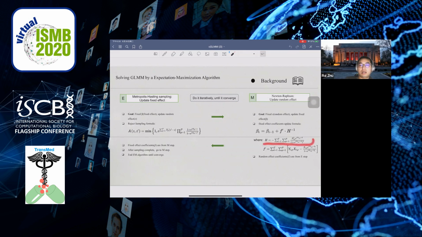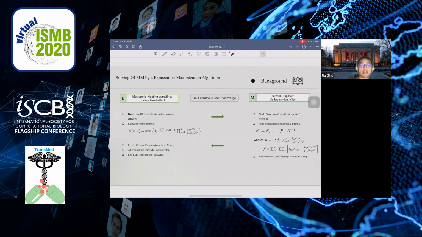Here, H is a Hessian matrix, which is a second order derivative. It determines the step length of the update. The first order derivative F prime here is a vector which determines the direction of the update. This is a typical second order derivative optimization method.